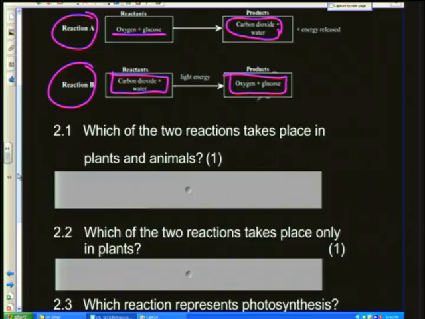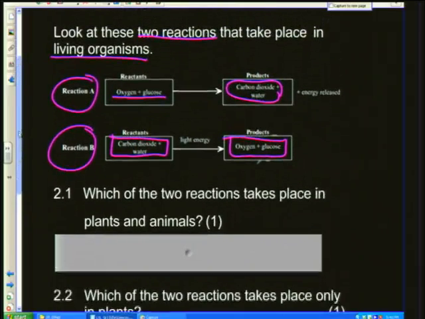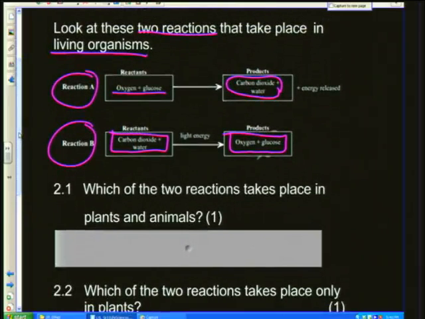Hold on, that doesn't make sense, does it? Let's check this again. Reaction A is where we take oxygen and glucose. We use them, and we make carbon dioxide and water, and we release energy.